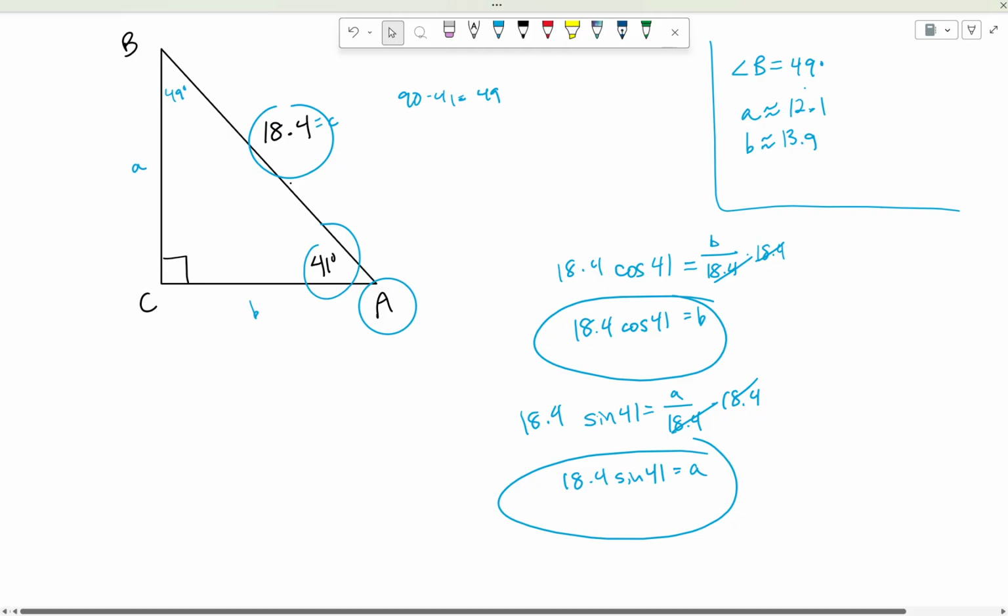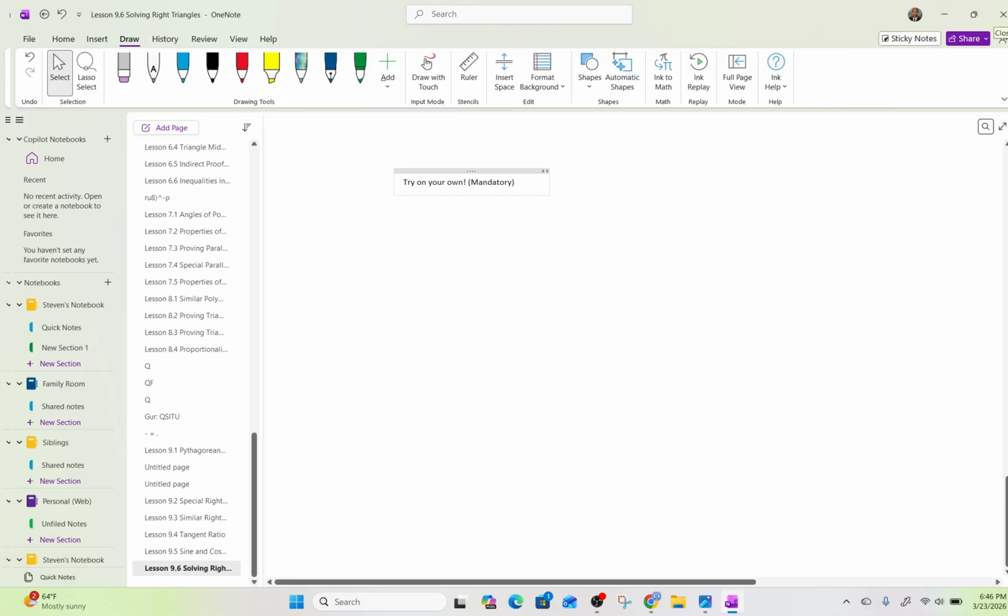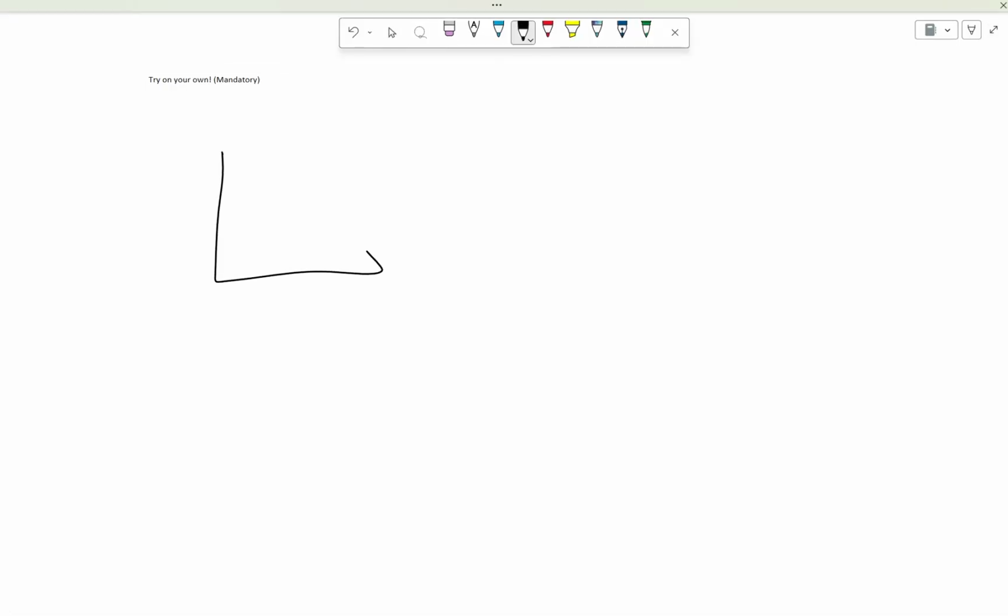All right, so last thing that you guys need to try on your own. This is mandatory. I'm going to go ahead and give you guys here some auto shapes. Here we go. And this is going to be equal to 7.